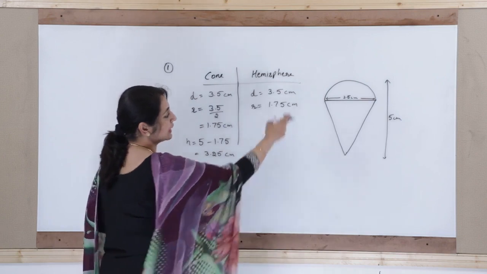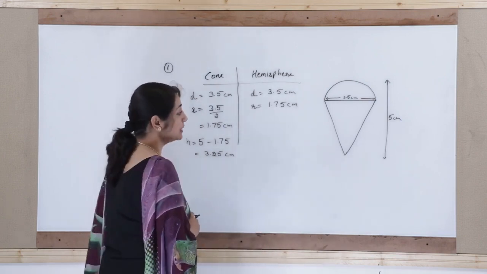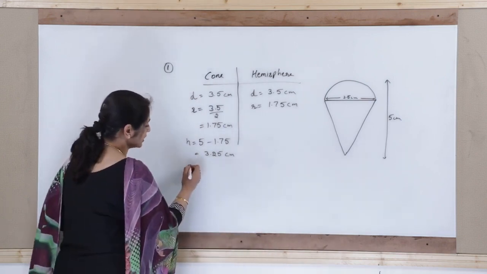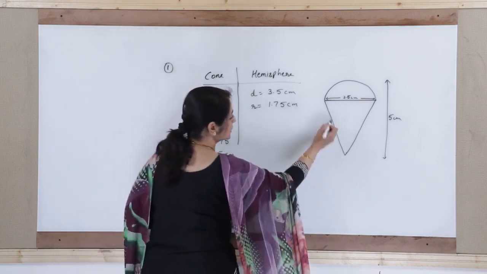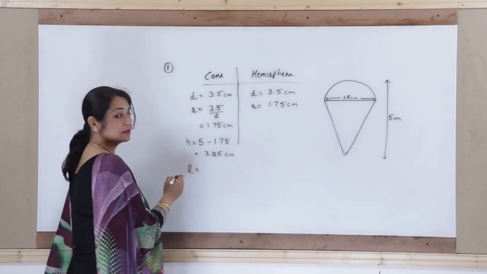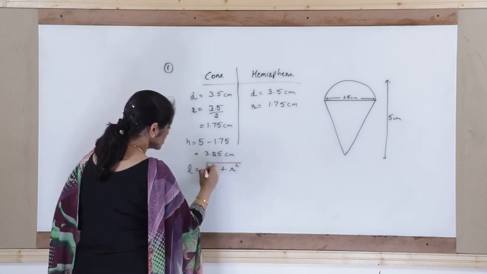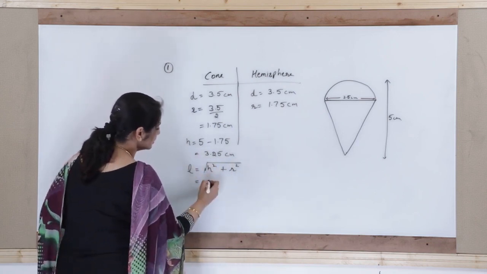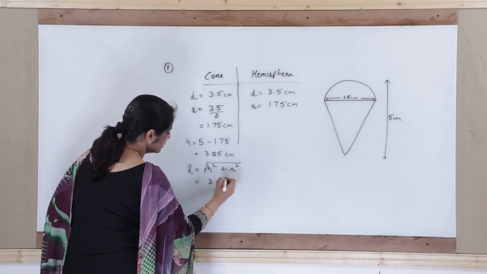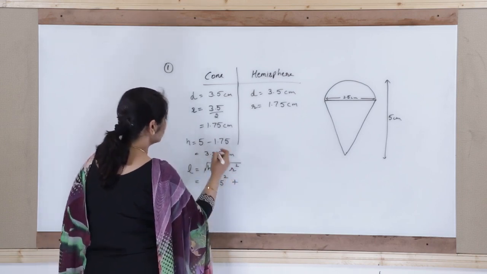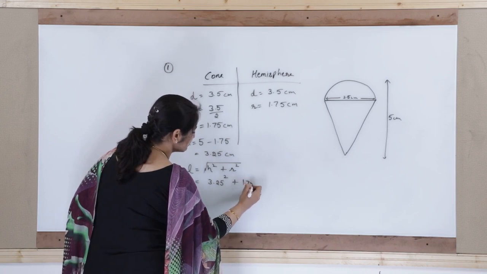So now we know the height of the conical part. But for curved surface area, we will require the L, that is the slant height, this one. And we know that L is equal to square root of h square plus r square. Now height here is 3.25. We will need its square, and the radius is 1.75.